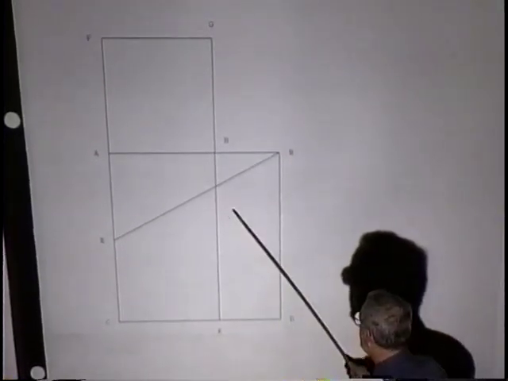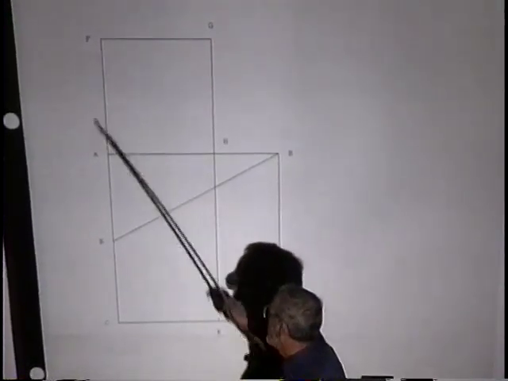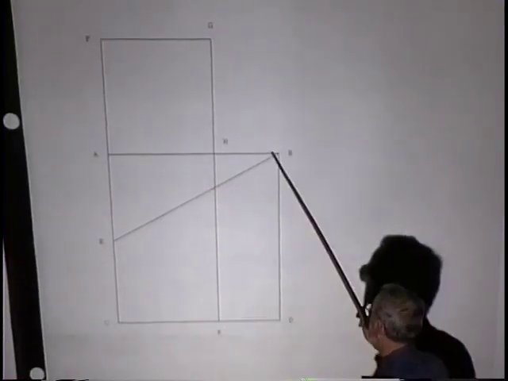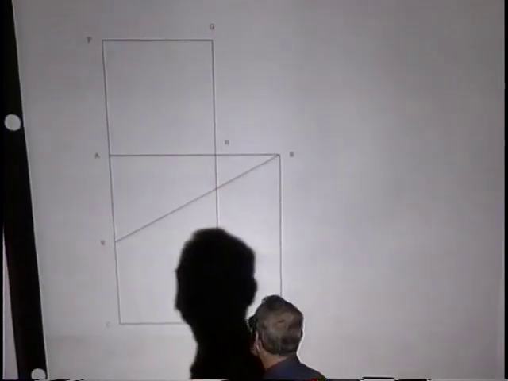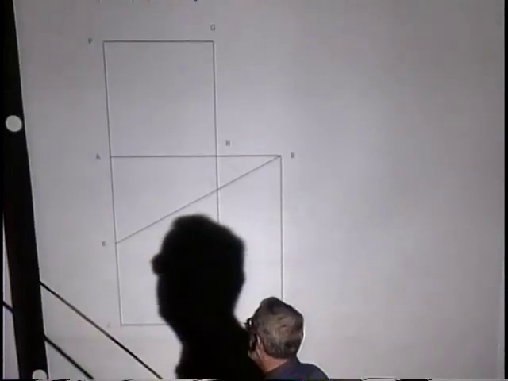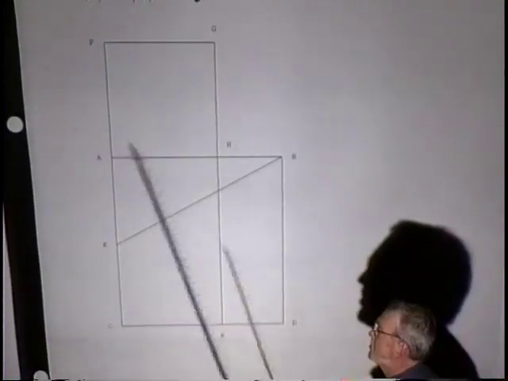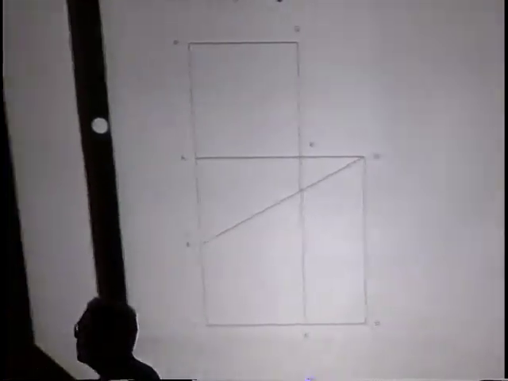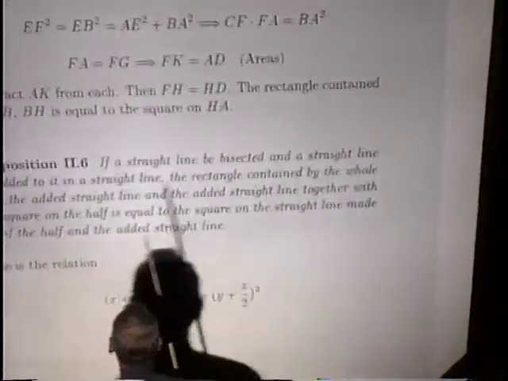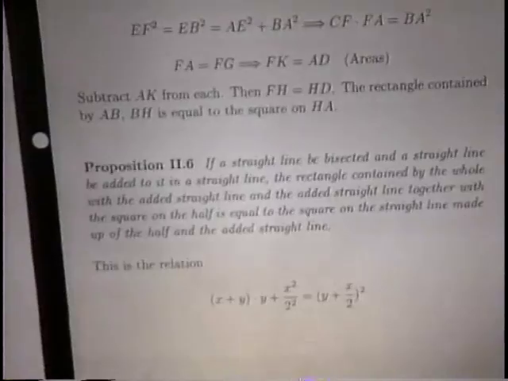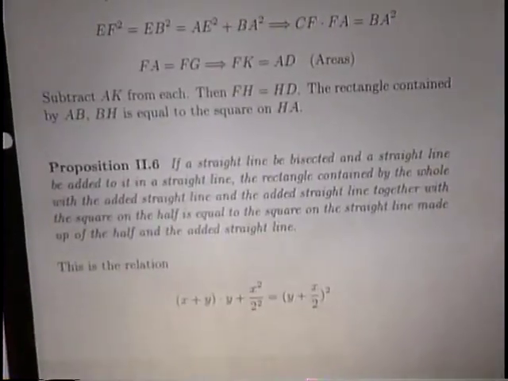Now, EF is the same as EB squared. So it's CF and AE squared, but AE is that. So let's just leave that. We'll prove this algebraic relation later, and let's then just complete what we're trying to do.